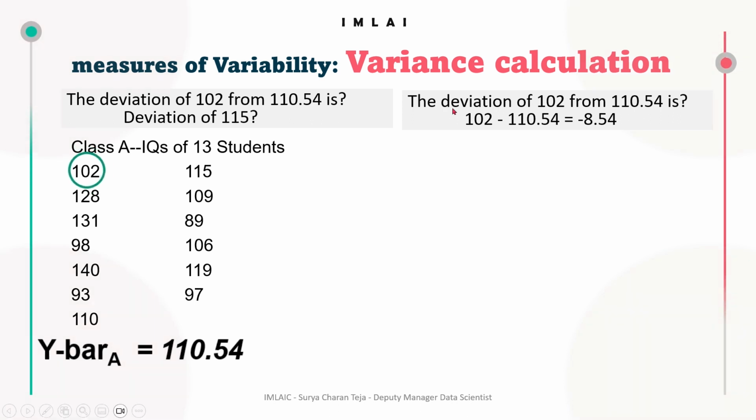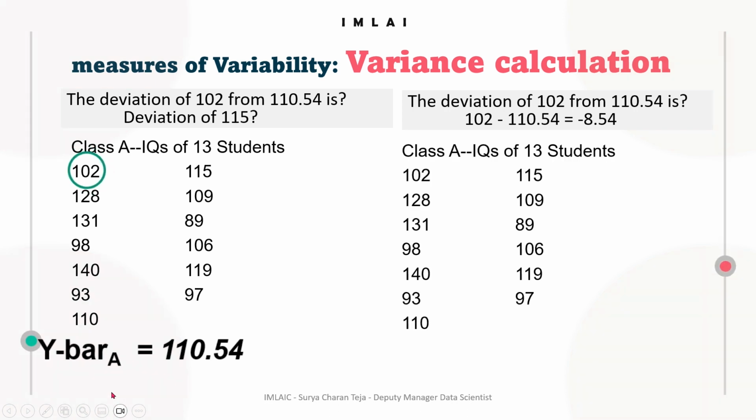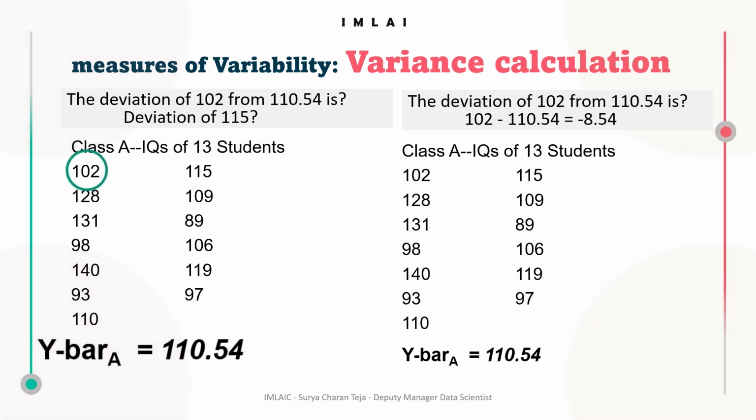Similarly, for the student who holds 115, that is 115 minus 110.54. In this case, we will be getting a positive number. This is how we calculate the deviation.